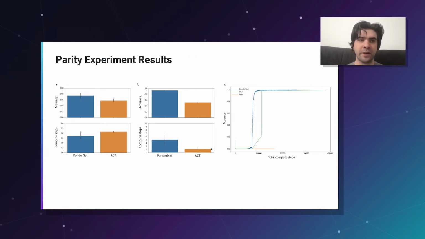On the left-hand side, A, we have the setup where we train the network on shorter strings. These are strings of length 1 to 48 in the paper, and then we test on strings of that same length. So train on strings of length 1 to 48, test on strings of length 1 to 48.